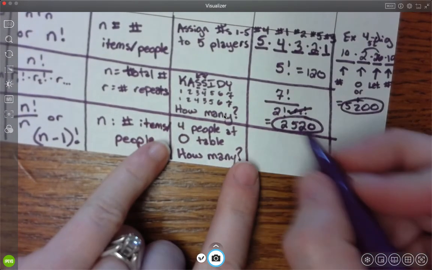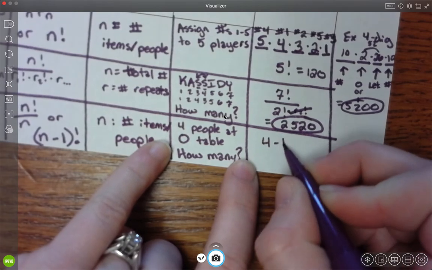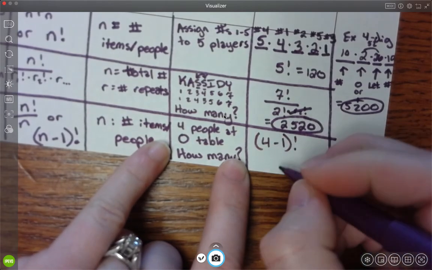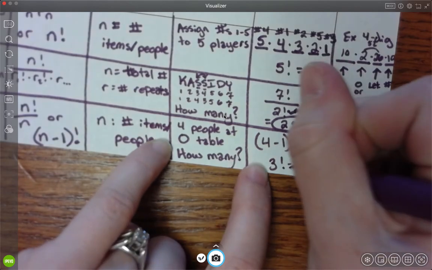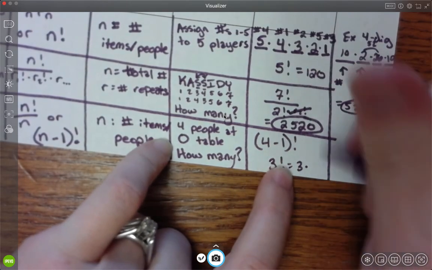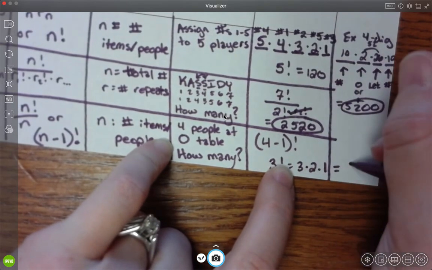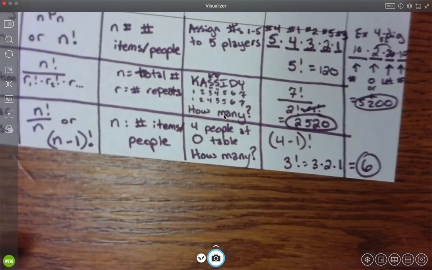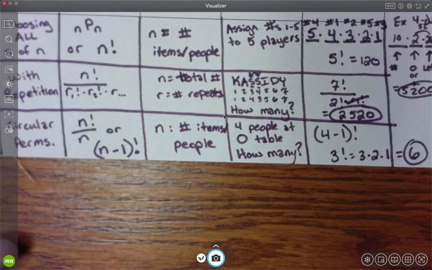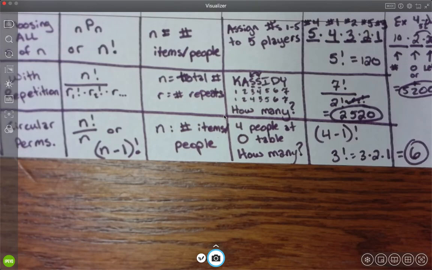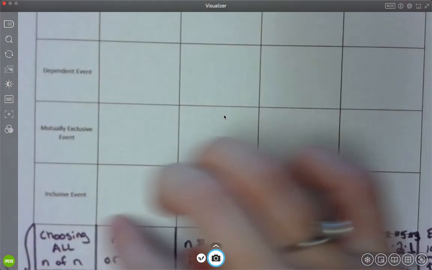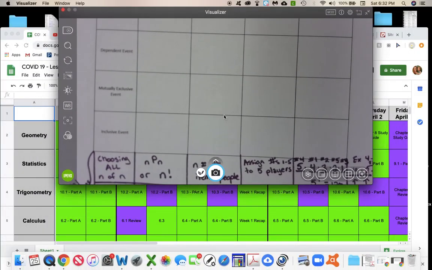I would take 4 minus 1 factorial, which is just 3 factorial. Now 3 factorial I could probably do in my head faster than the calculator. 3 times 2 times 1 is going to be 6. So there's only 6 ways that I can arrange these people sitting here and have it work. Otherwise just rotating them is not going to count. All right, so we'll fill in the last 4 categories in the next video, and moving on.